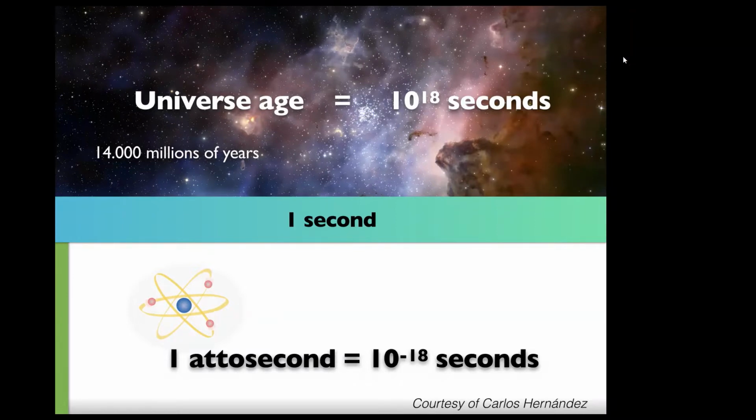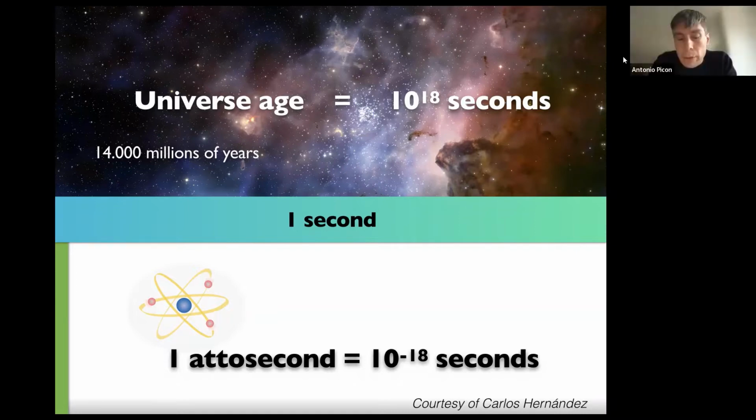So if we think about the orders of magnitude, if we compare, for example, 1 second with the age of the universe, this is around 10 to the 18 seconds. Now if we go down, if we compare 1 second with how much time it takes an electron to orbit an atom, that is several attoseconds, in the order of 10 to the minus 18 seconds.